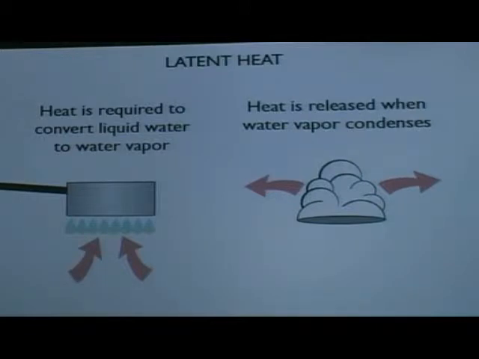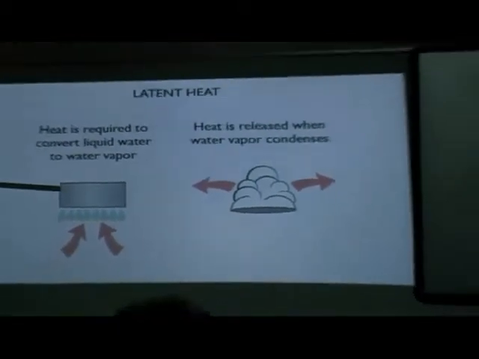That heat that I used to get the water to do that is still part of the water vapor. When that water vapor then condenses back out, if I cool that air back down a little bit so the water vapor starts to condense out, it actually gives off some of that heat as it condenses.